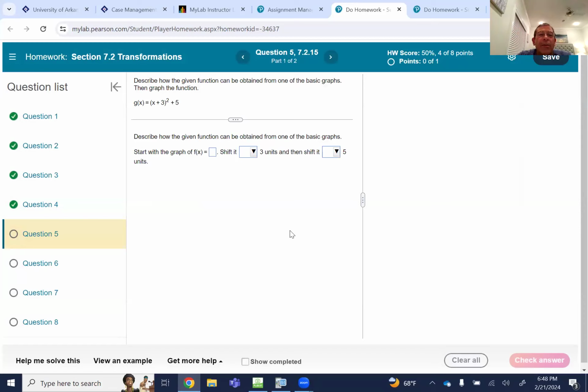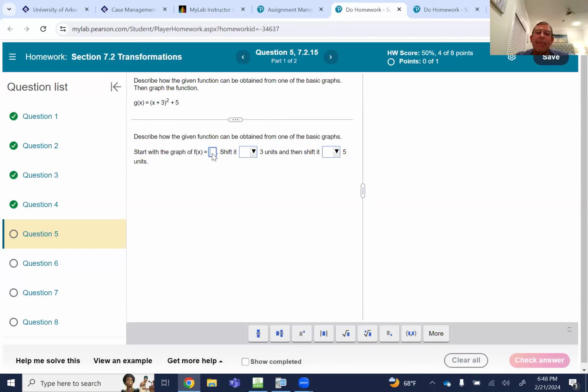All right, so look at this one. This one wants us to fill it out as we go. So I got x plus 3 squared plus 5. So my first question for y'all, what is the basic graph I'm starting with? Is it x to the second? It's x to the second, so I would put in my x and my exponent 2. All right, so you see that 3 inside those parentheses.